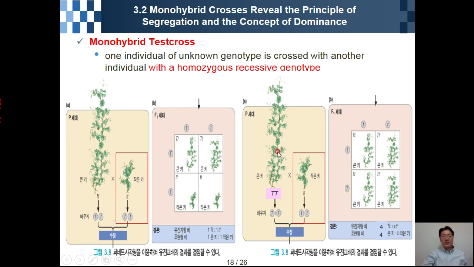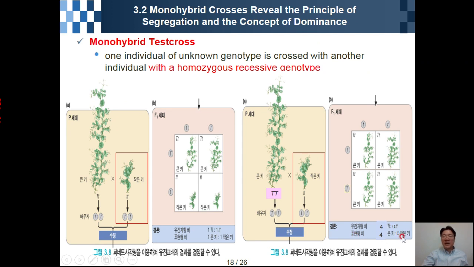How about if the individual of unknown genotype is large TT? In this case, this is the Punnett square. The large TT gametes go here, and the small tt gametes go there. After the Punnett square, this square will be large T, small t. This one is also large T, small t, this one too, and this one too. The genotype ratio is 4-to-0, and the phenotype ratio is also 4-to-0.